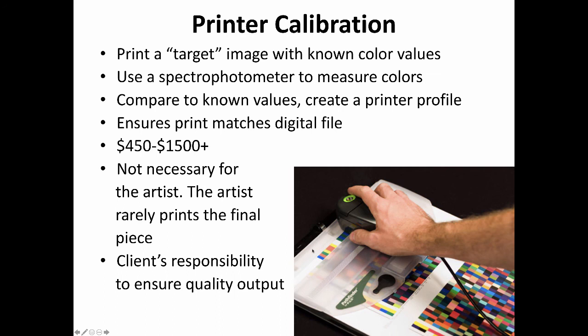So this process of comparing the actual printed values to the known values of those colors, and then building this printer profile that makes little tweaks to the way the printer prints color, ensures that the colors in every print are going to match the colors that are stored in a digital file.